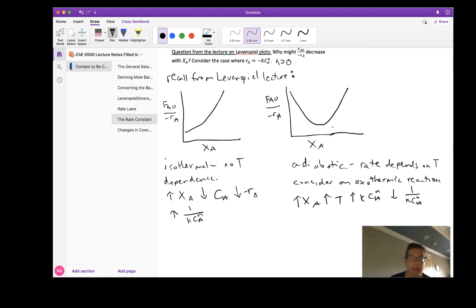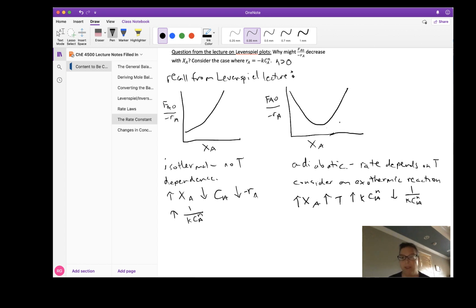At this minimum here, we've reacted so much A away, so much of species A has reacted away, that CA is very small. When CA becomes so small, that means that the rate slows down. And when the rate slows down, so does this temperature increase. The rate isn't increasing as much.